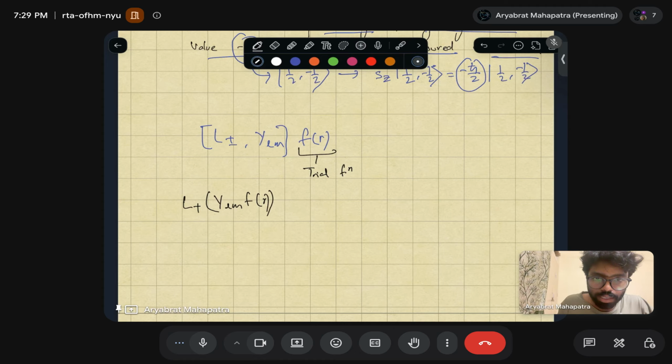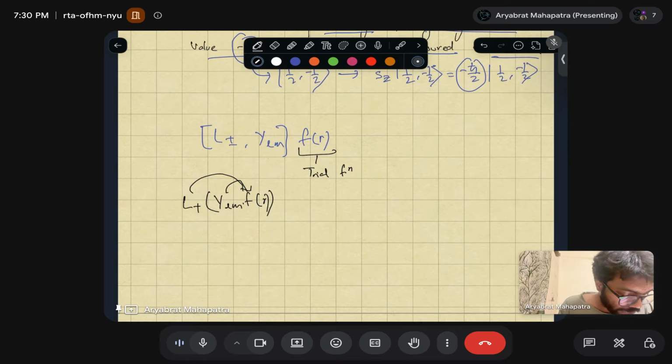So in this case, it basically means that there is some trial function in which both YLM and L plus are operating on this f of r. So if you take L plus acting on YLM f of r, what happens when L plus acts on YLM?